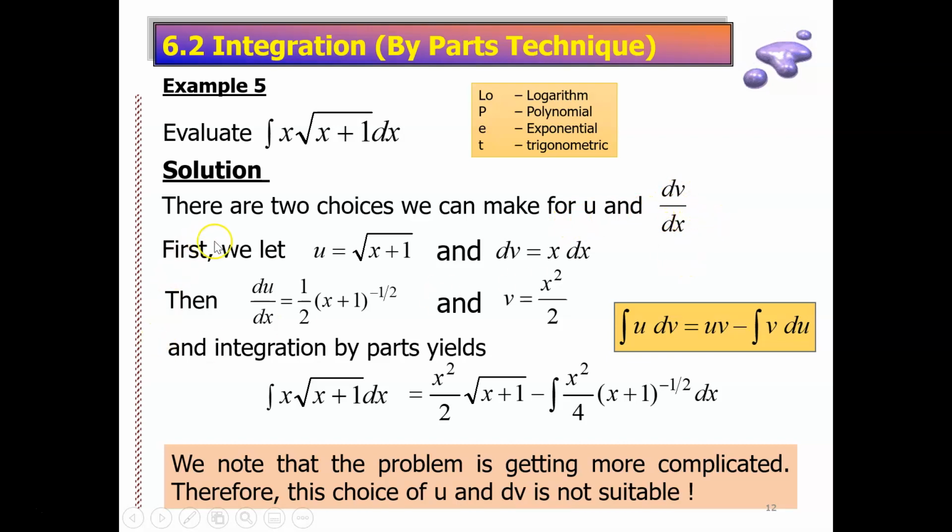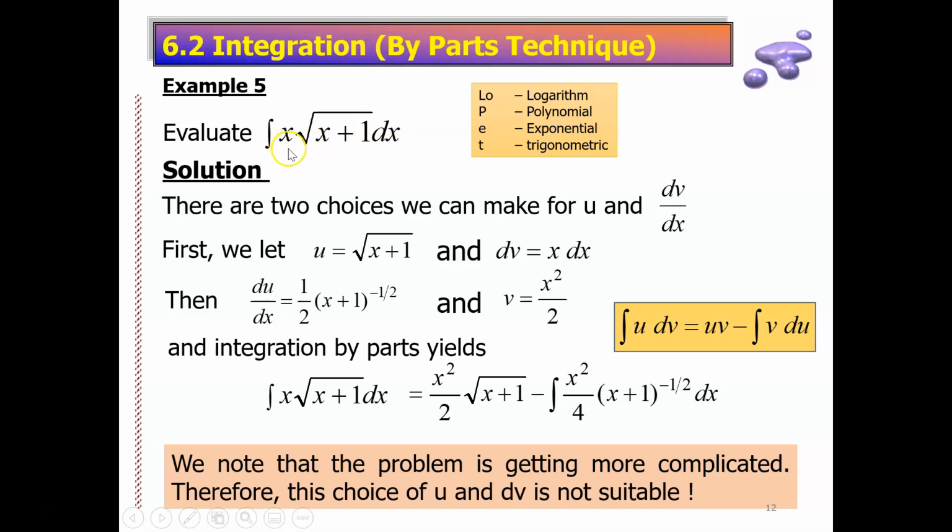It's either you choose u equal to x, or you choose u as the square root of x plus 1. Now we try to choose u as the square root of x plus 1. Therefore, now you have this as u, and your dv will become x dx.